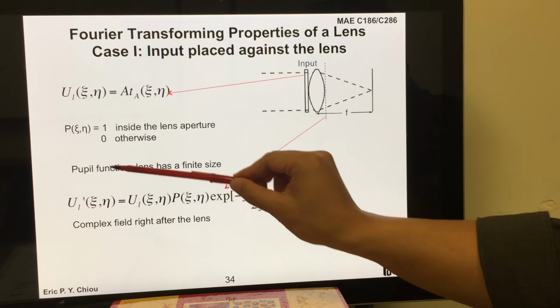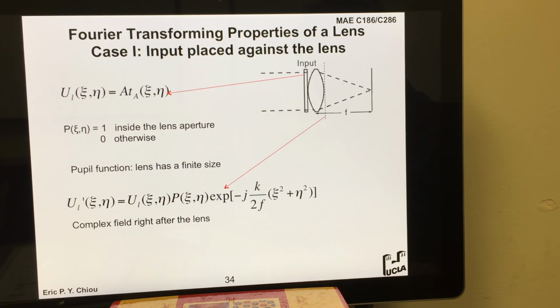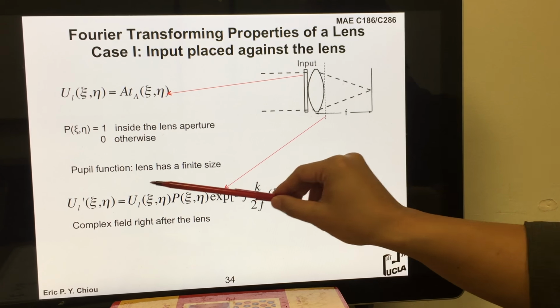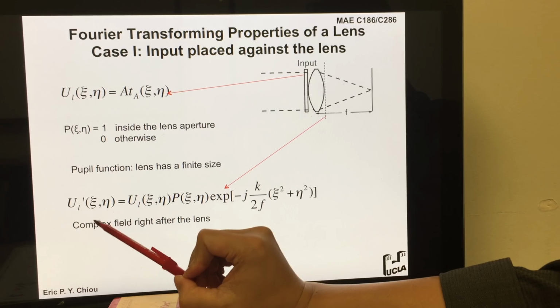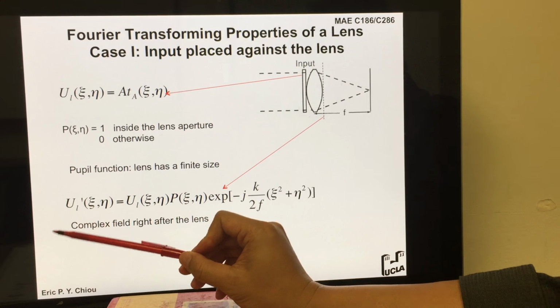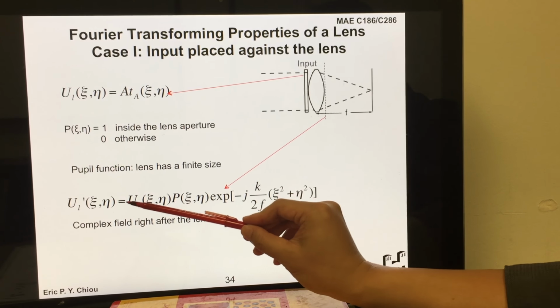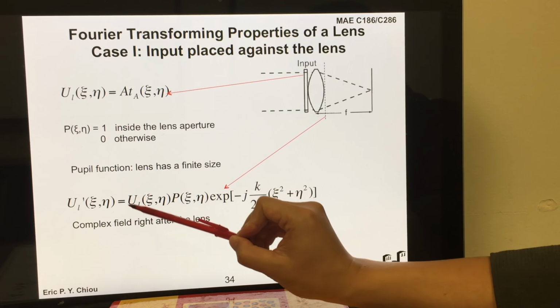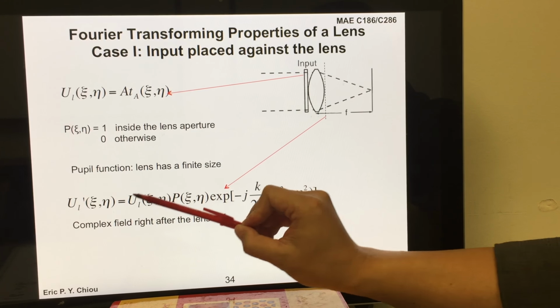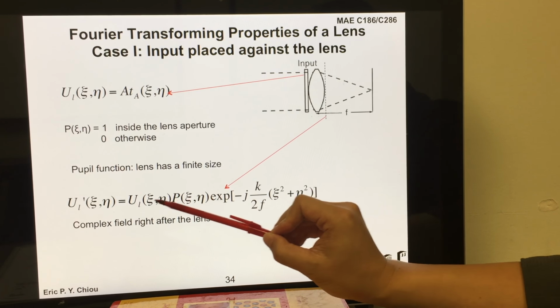Okay, so you also call it the pupil function, because every lens has a finite size. So in this case, this is your output. Your output is equivalent to your input, which is these two multiplied together. So this is your image function, this is the object amplitude, and you multiply it with the pupil function.